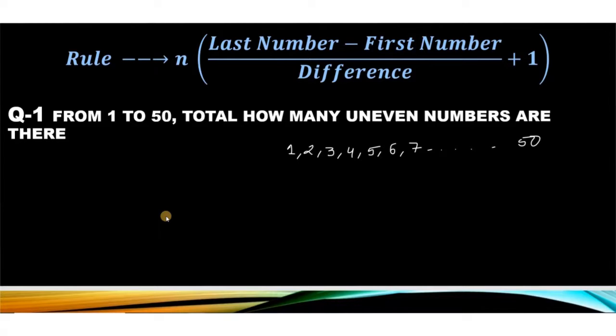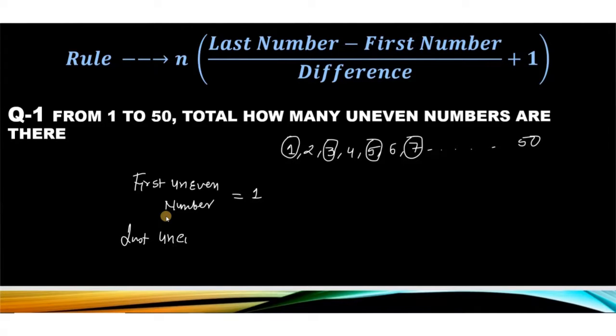Now, what are the uneven numbers? 1 is the uneven number, 3 is the uneven number, 5 is the uneven number, 7 is the uneven number. So, the first uneven number is equal to 1, and the last uneven number in a series is 49.